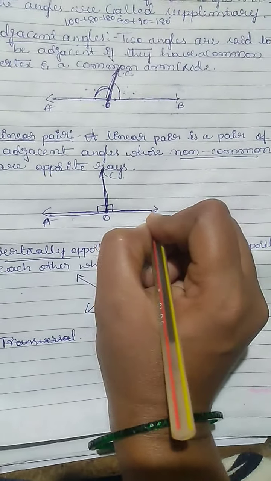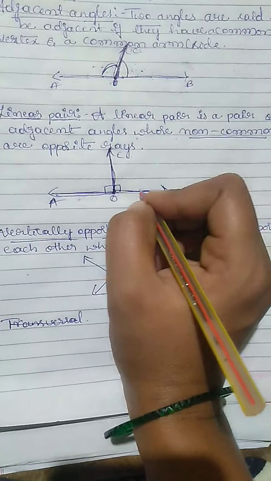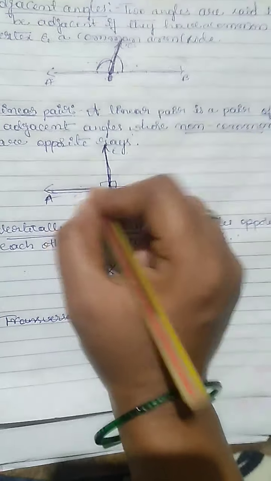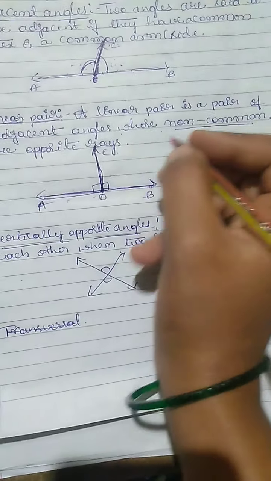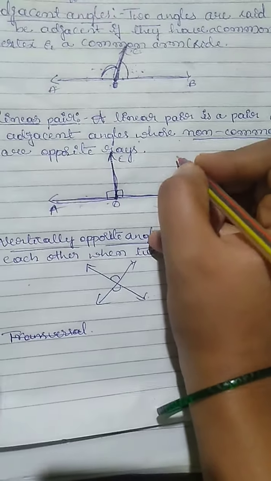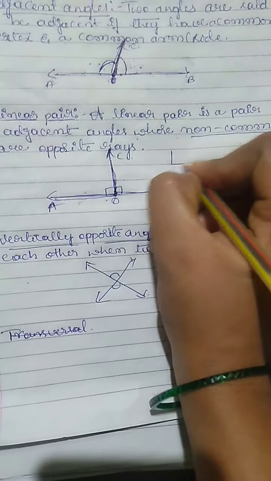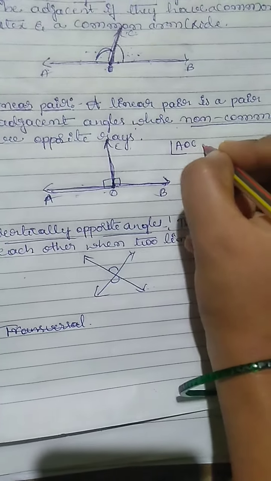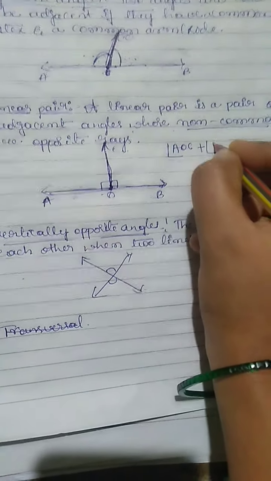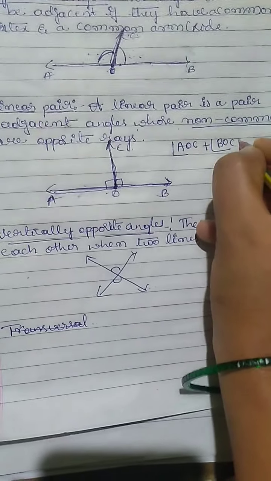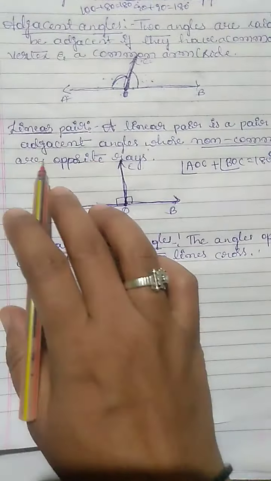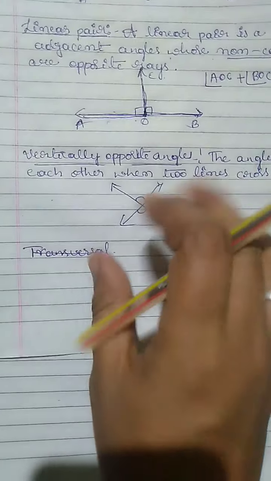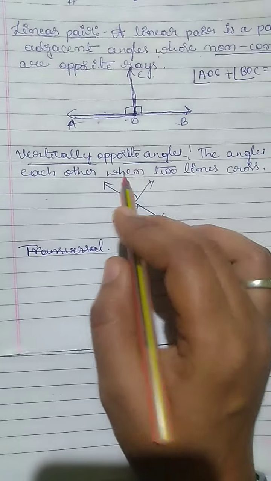If the non-common arms are opposite rays, then these two are a linear pair. And its sum is equal to 180 degrees. That is, angle AOC plus angle BOC is equal to 180 degrees. Linear pair.